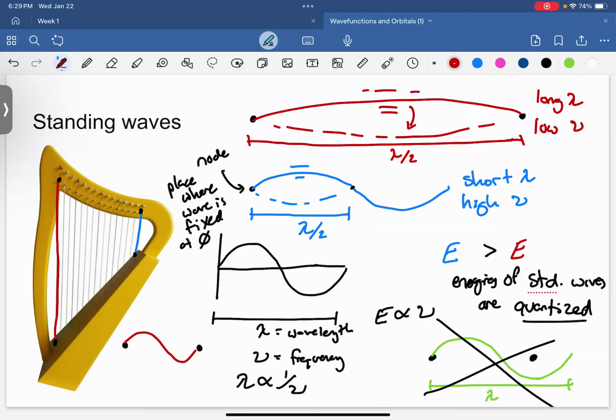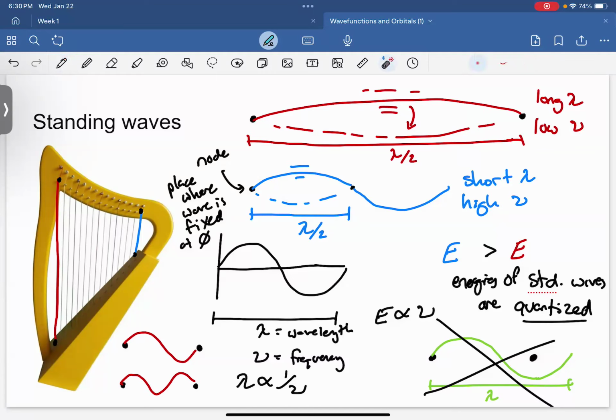That works. In this case, the distance between these two points is equal to lambda. I could also have 3 over 2 lambda, which would look like this. That would also work. So while they are quantized, it doesn't mean there is only one value available. There can be multiple values.